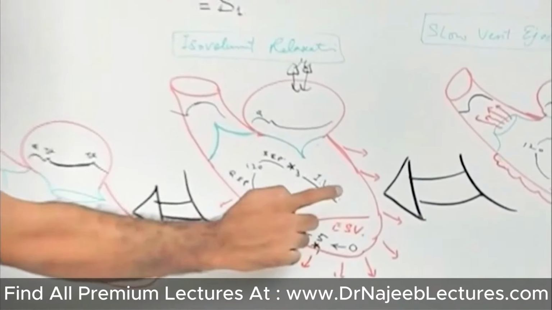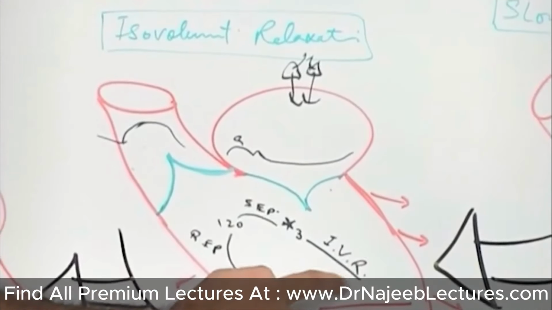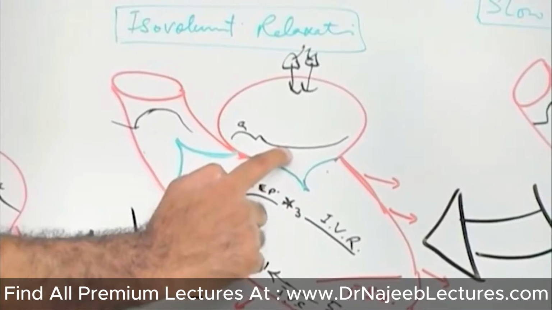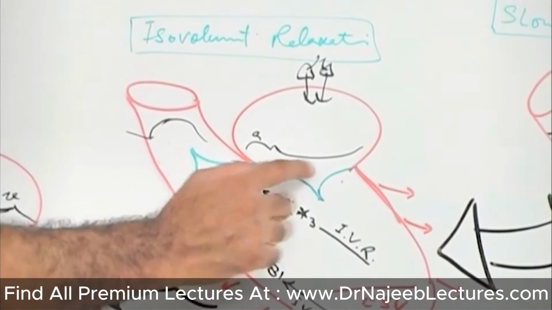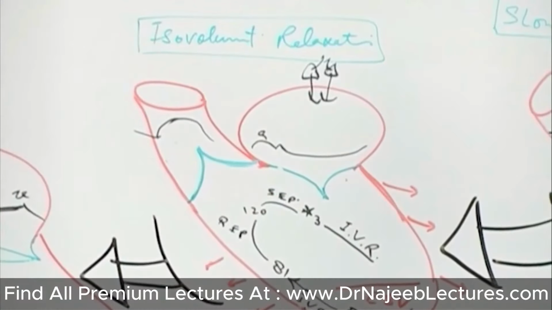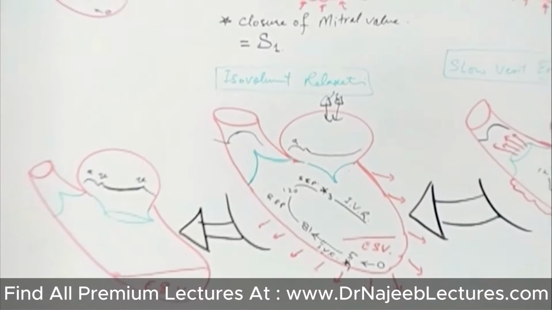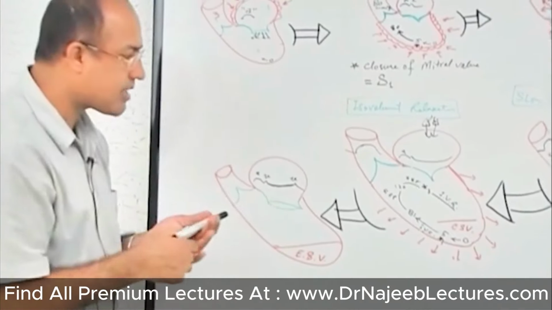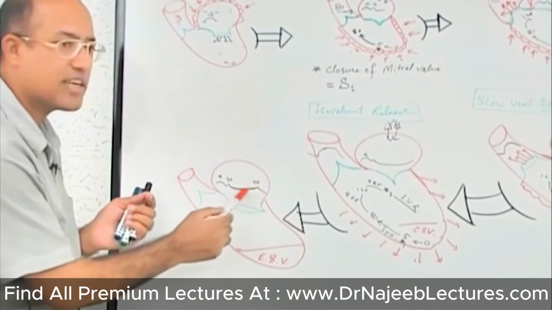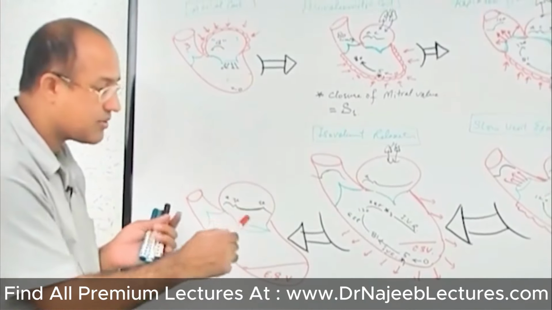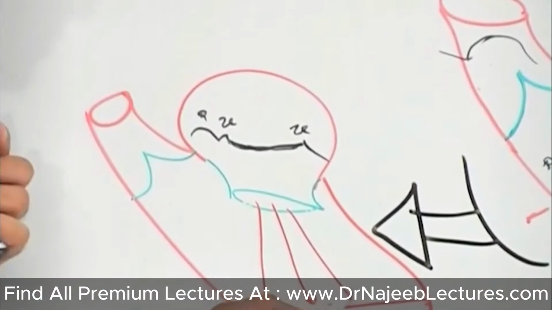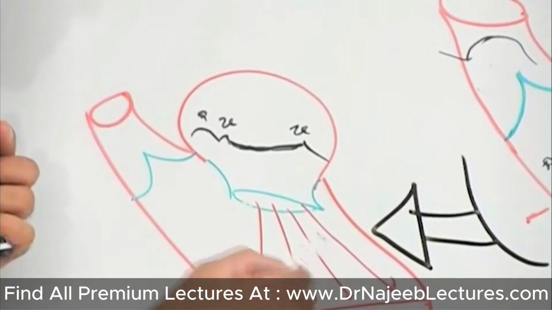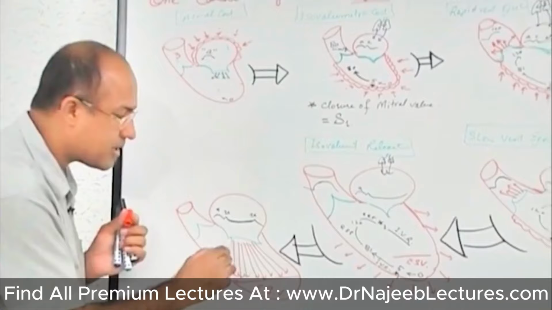A time came when pressure in the ventricle became less than the atrial pressure. Then, which valve will open? The mitral valve will open. And the blood which was previously accumulated here and producing the pressure of the V wave will rapidly fall into the ventricle. This rapid fall of blood into the ventricle is called rapid ventricular filling.